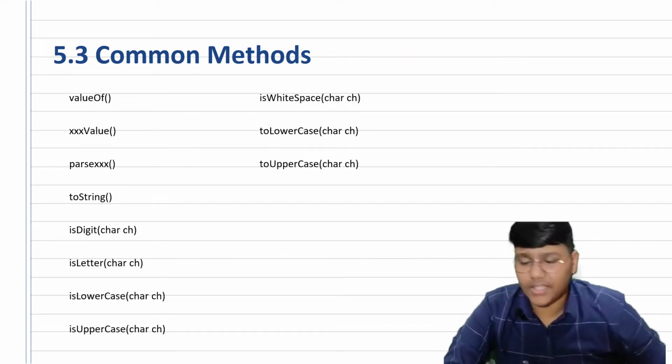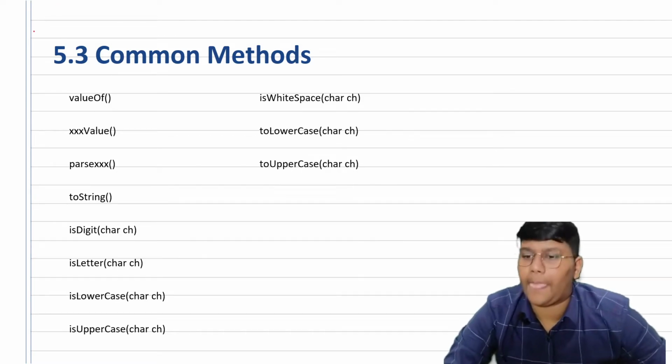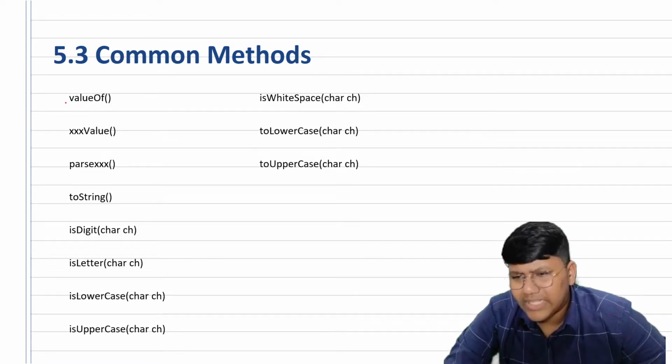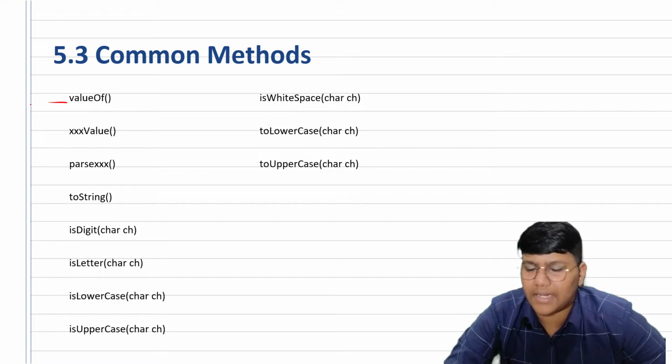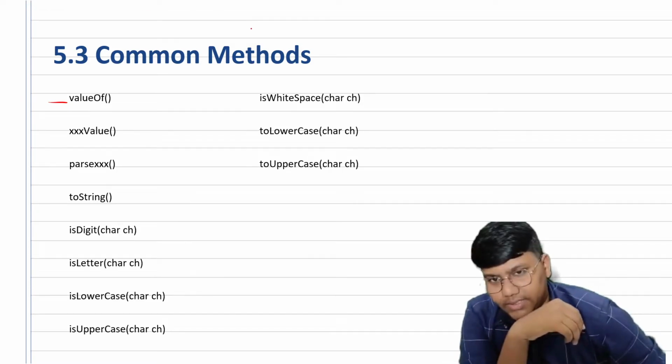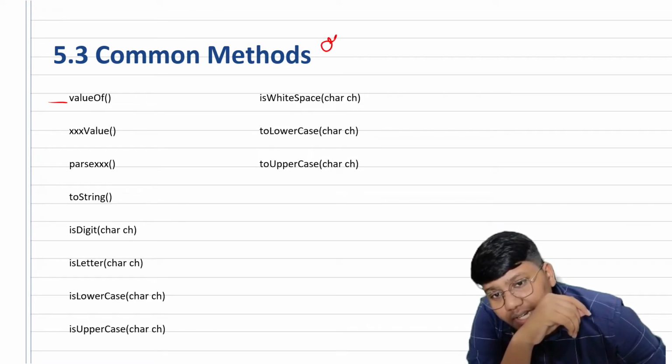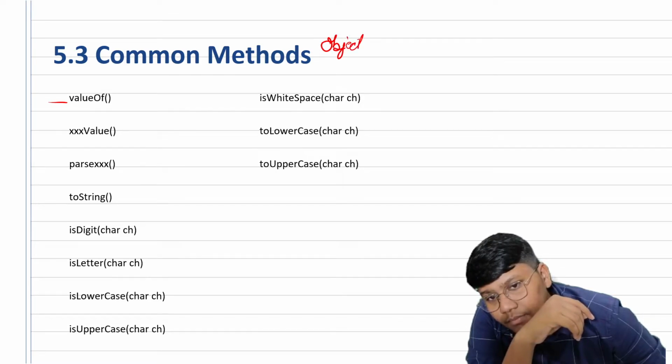Some common methods of wrapper classes. valueOf. How do we call methods? We use the object name dot method name.